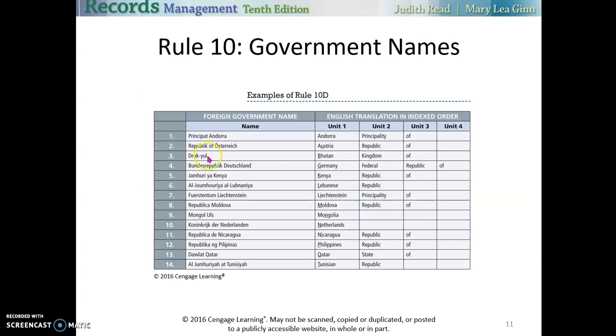So when we look at examples in these, you'd have to look up most of them. Some of them I know, this is Austria. So the English spelling would be Austria, and it is Republic of. Moldova is Republic of, so Moldova, Republic of. So you just pull out the name of the country, English translation, and then put the other units following it.